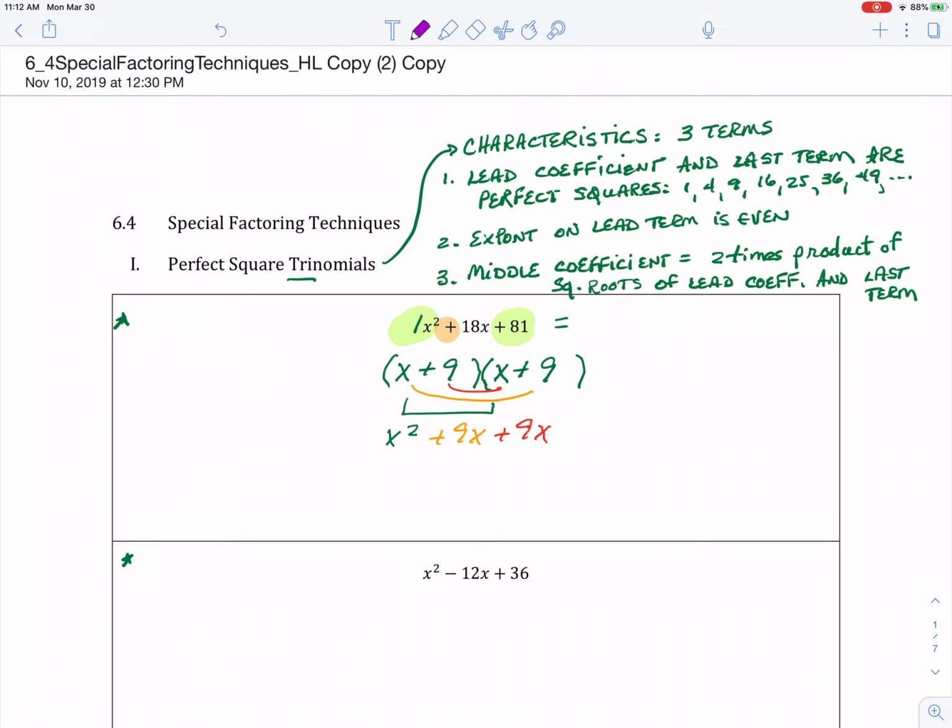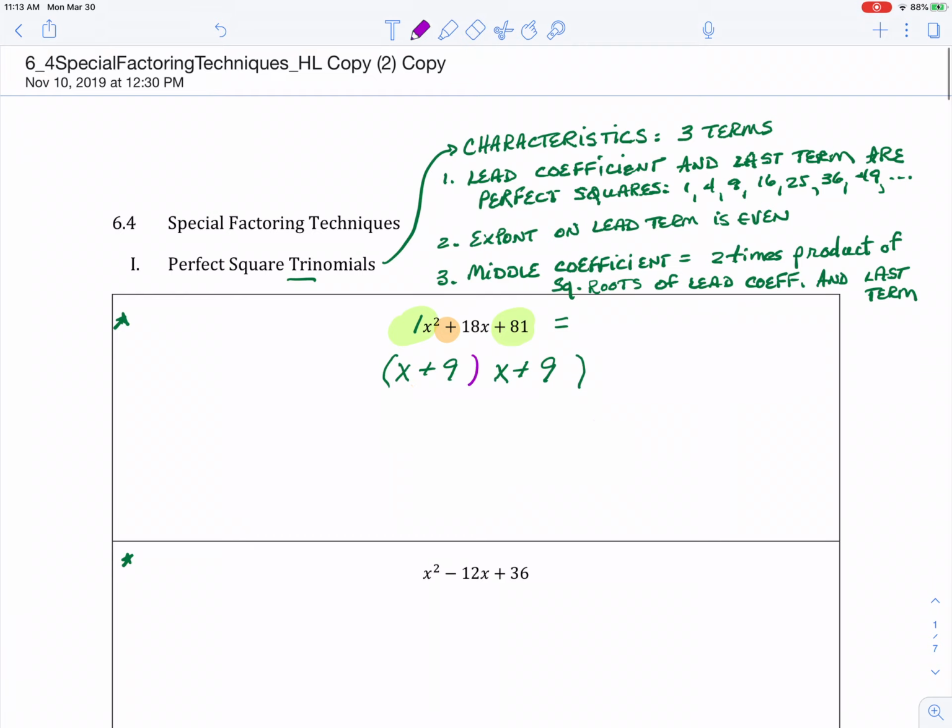And last times last is 81. And so you see these 2 terms here in the middle are like terms, and they will add back up to that 18x. So I'm going to get rid of all that checking. That just kind of confuses things, but that's how you would check it if you wanted to.